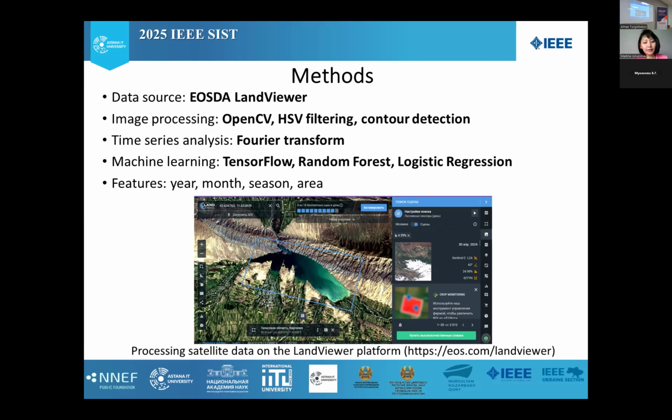The collected data are used as input parameters for machine learning models developed with TensorFlow. These models analyze historical data on the surface area of a reservoir along with meteorological conditions, allowing us to predict possible change in their size and state.